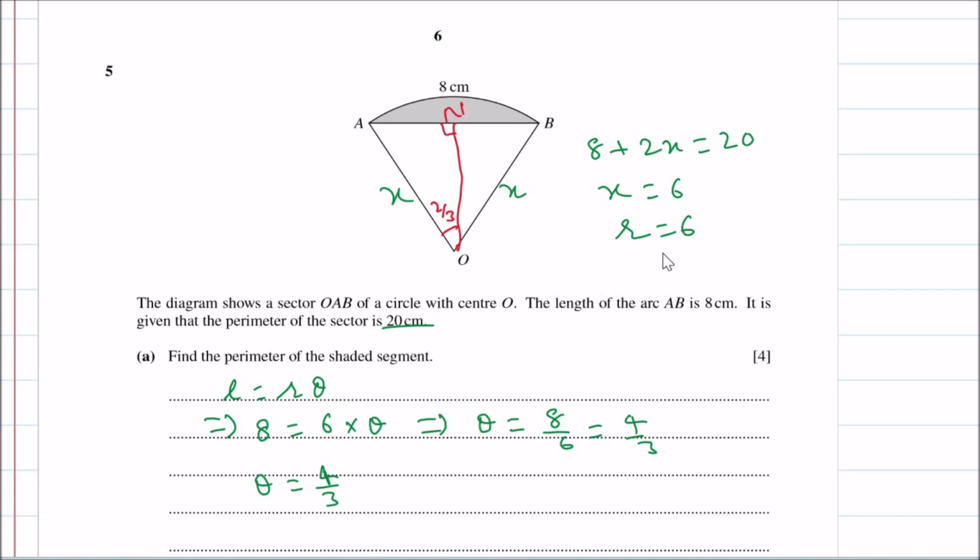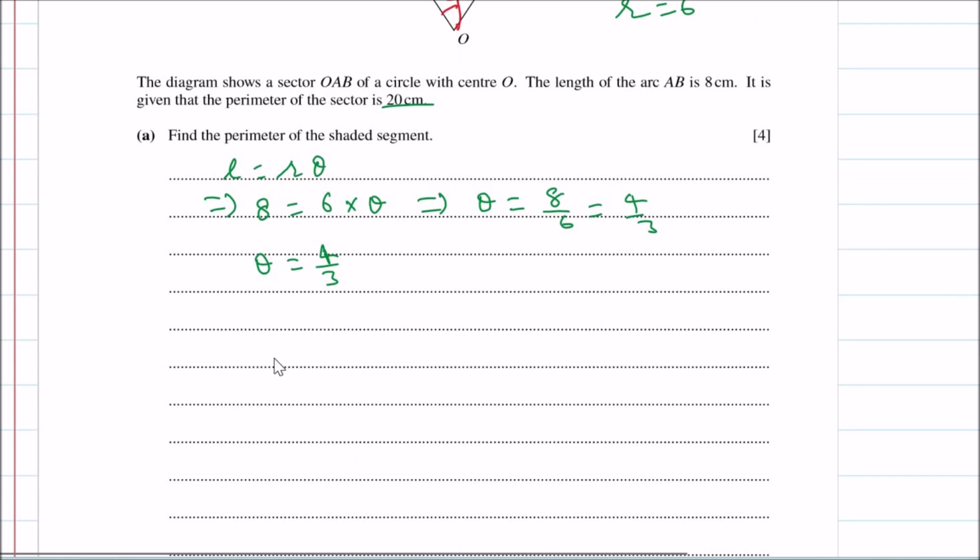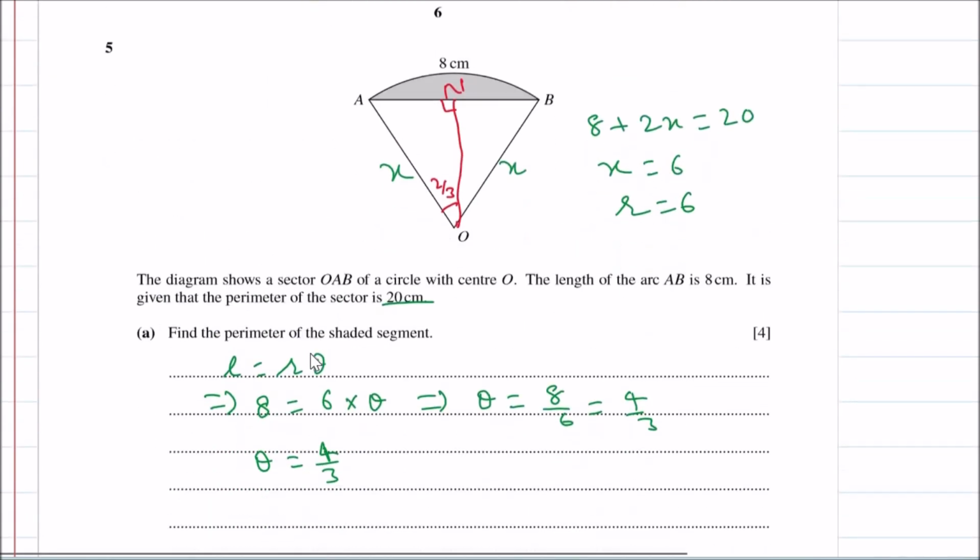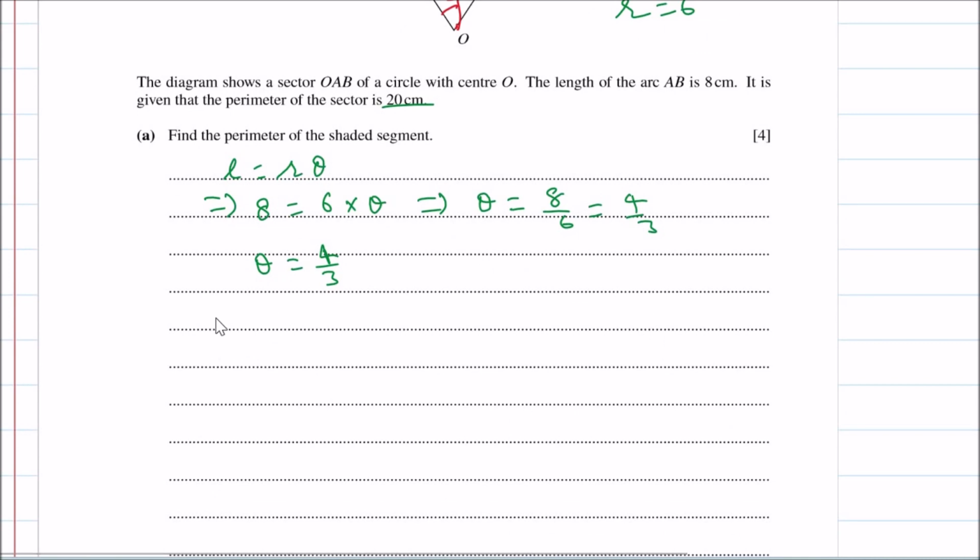So, the next step. In triangle AON, sine 2 by 3 is equal to AN by AO, opposite by hypotenuse.